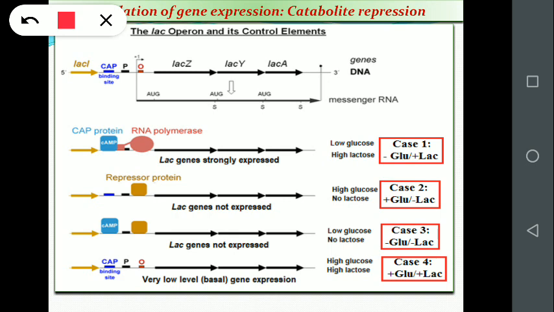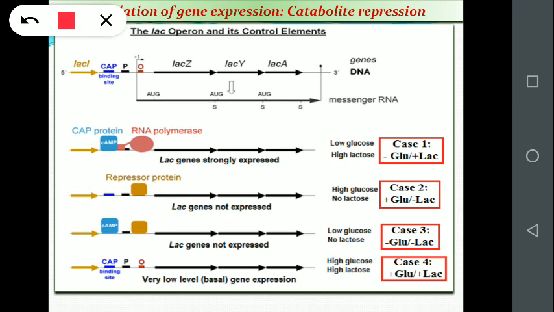And the second point is lactose is there. Because the lactose is there, it binds to the repressor and makes that repressor inactive. So now that repressor cannot bind to the operator site. So we have a situation where the operator is free, so no inhibition, and the cap site is active, bound with the CRP-cyclic AMP complex.